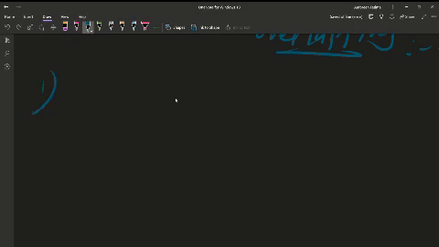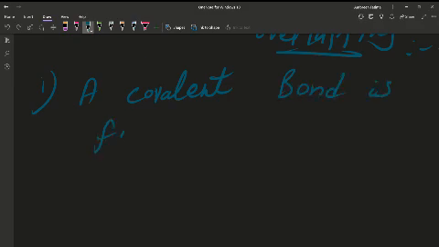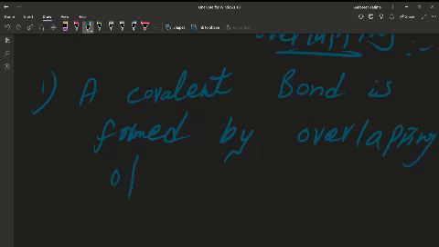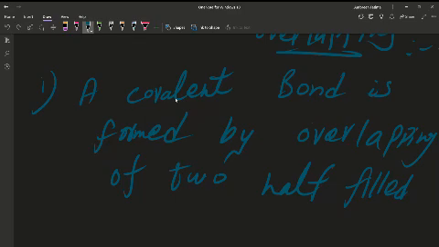The first point of this theory is that a covalent bond is formed by overlapping of two half-filled valence electrons.